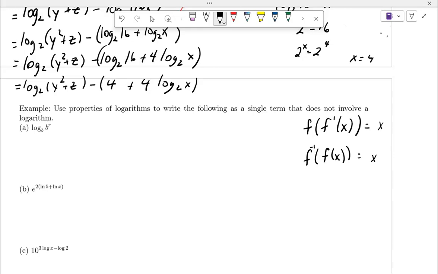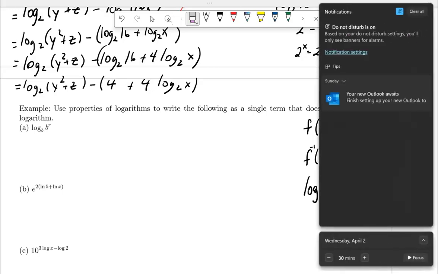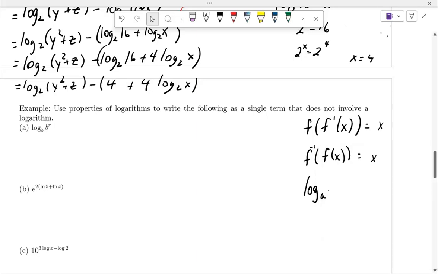Now I have to make sure that I can actually plug my x in appropriately. But in general, that's the whole idea of inverses. They undo each other. Remember again that exponentials and logs undo each other. So they're inverses of each other. If I did log base a of a to the x, remember, a to the x is one function.